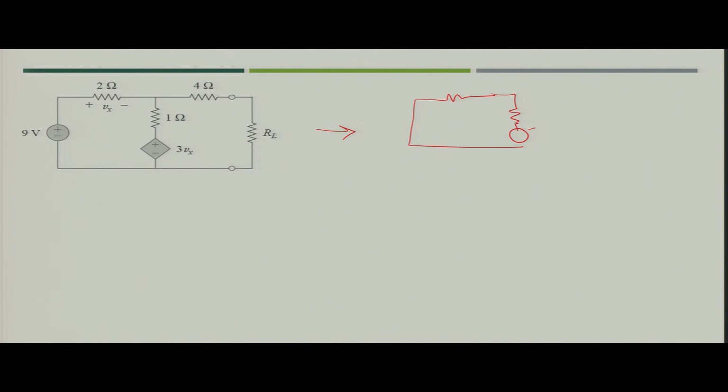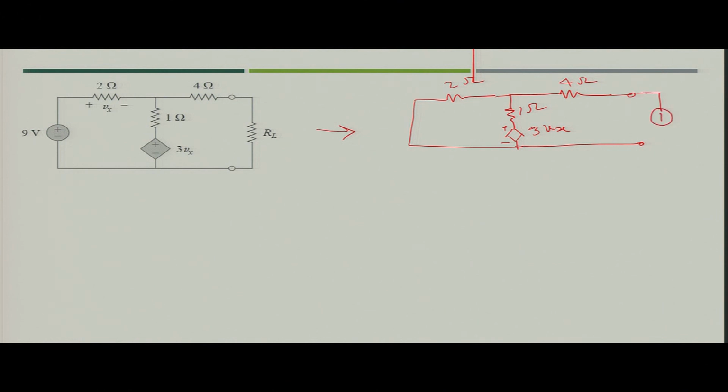So, this is the dependent voltage source. You will represent it like this. This is 3 V x, this is 1 ohm, this is 2 ohm, and then you have 4 ohm, and you need to find out the Thevenin resistance. So, what you will do?